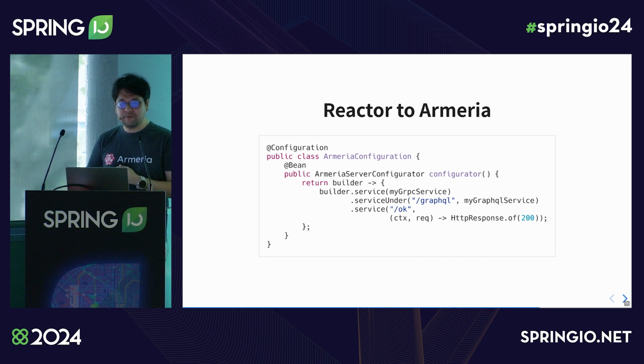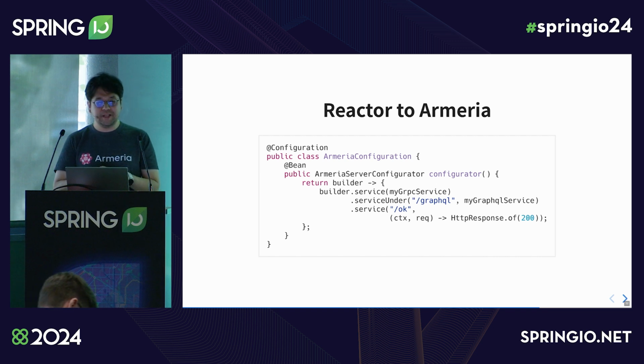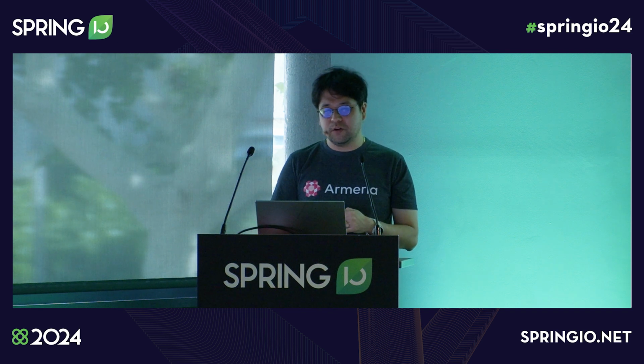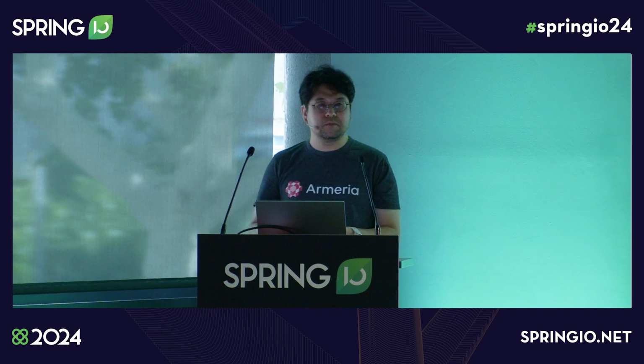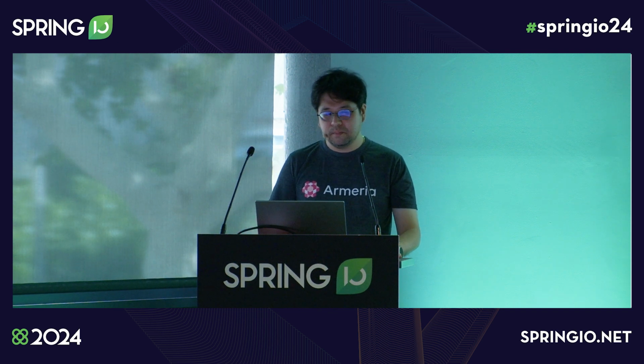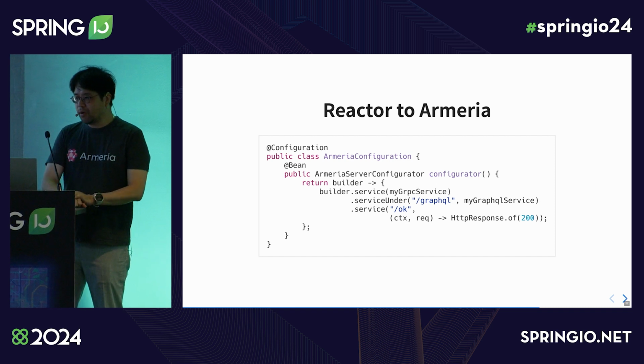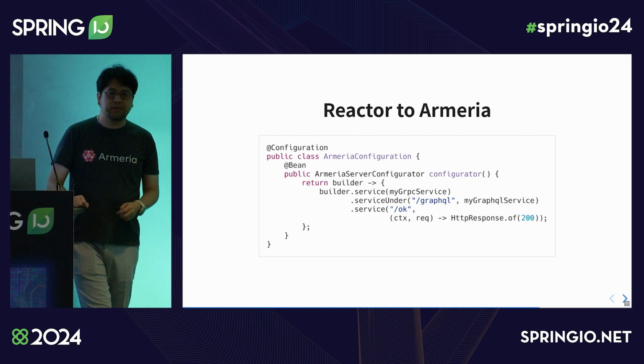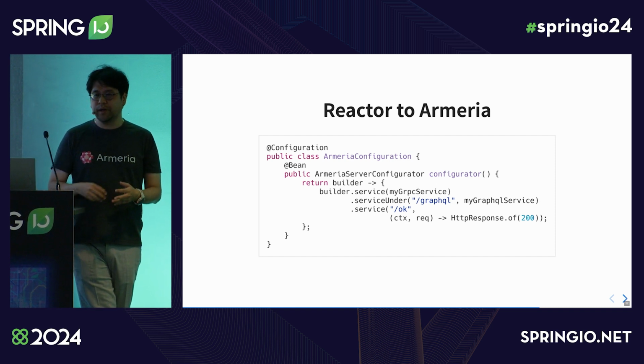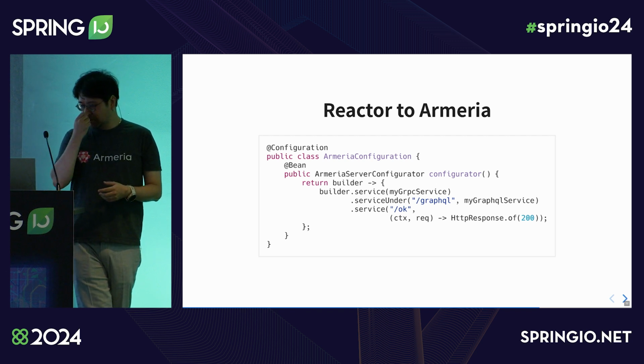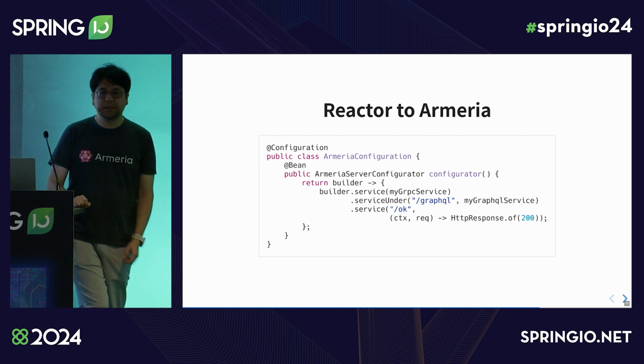And then the final step is to provide an Armeria server configurator to configure Armeria or bind more service to it. So the next part of the talk is going to be about migrating, integrating with the Spring Boot, Spring MVC.